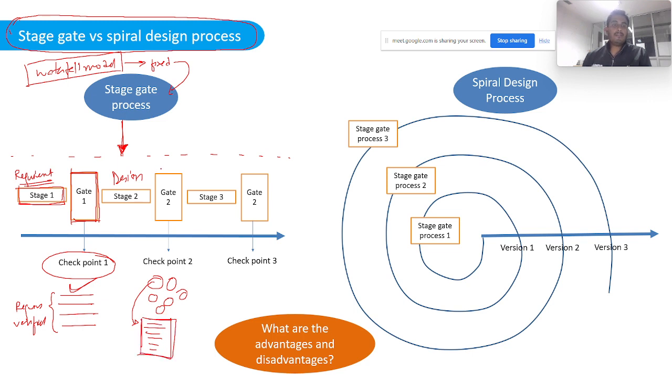So you freeze the design here. We froze the requirements, and now we freeze the design. Likewise, next is implement, and then we have another gate. So this particular way of developing is what we call a stage gate process.